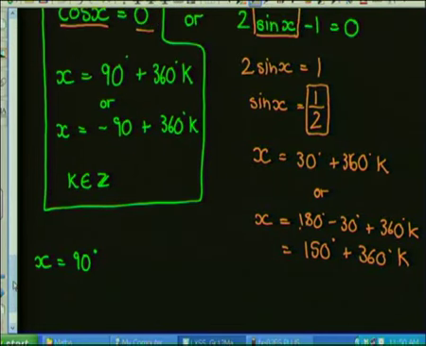Now if we substitute a value of 1 into this K here, we would get 360, and 360 plus our 90 degrees is going to give me a value that falls out of the interval that they've given us. So I don't need to worry about that.